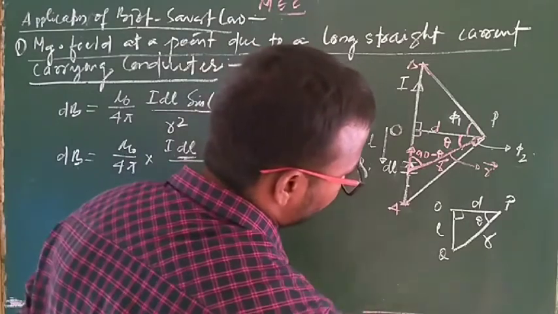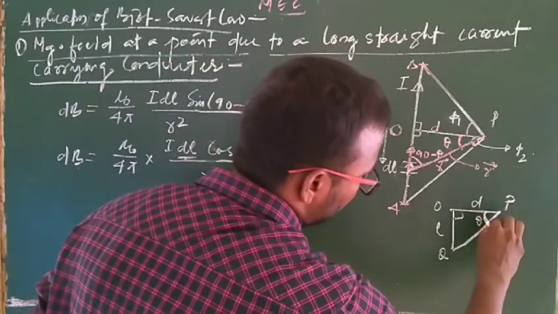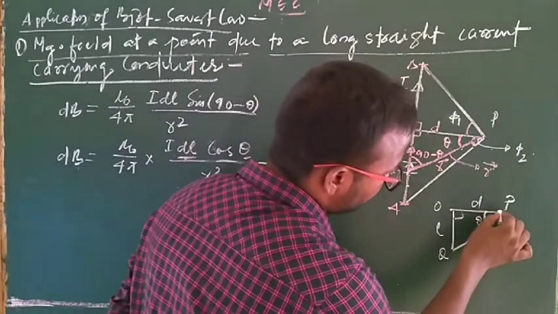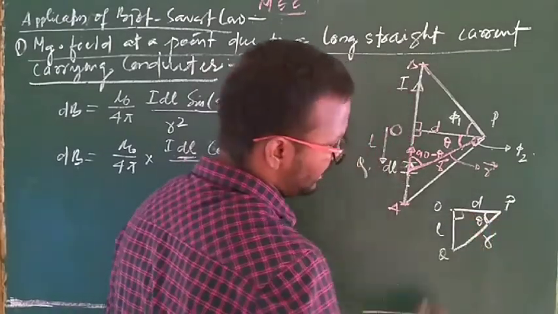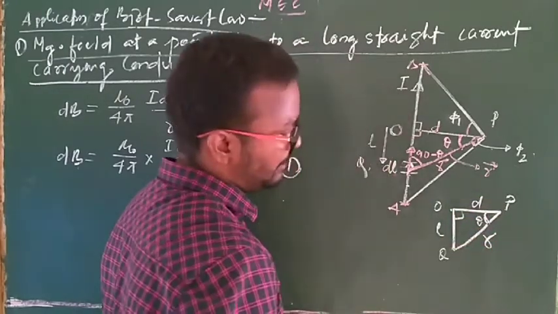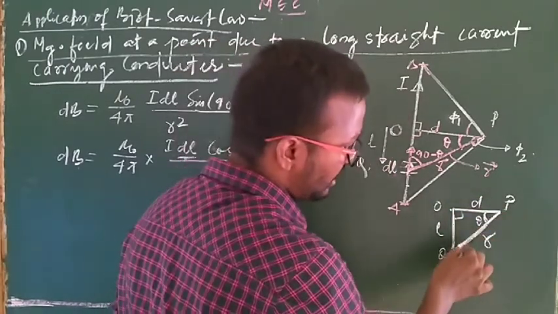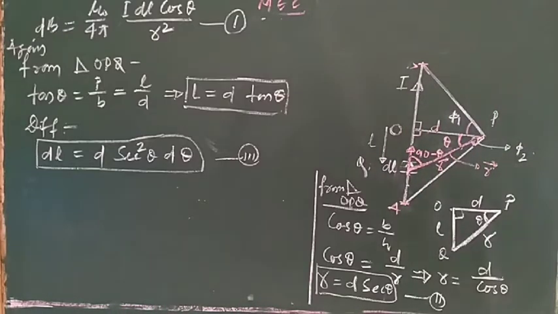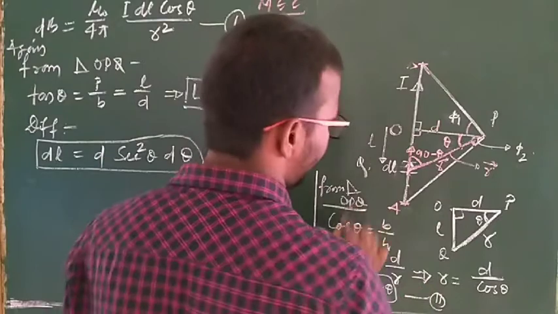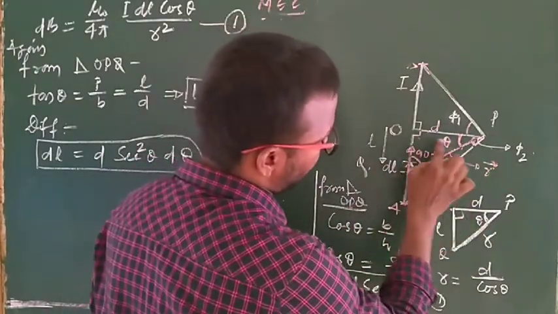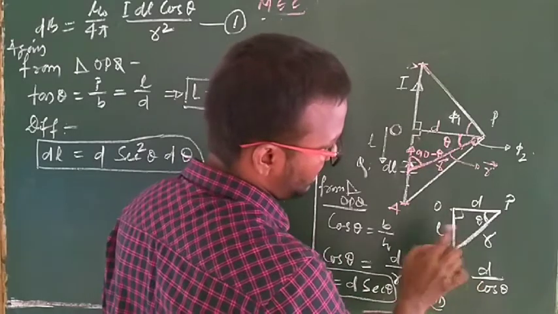So from this right angle triangle OPQ, this angle is 90 degrees, this angle theta, and this angle 90 minus theta.